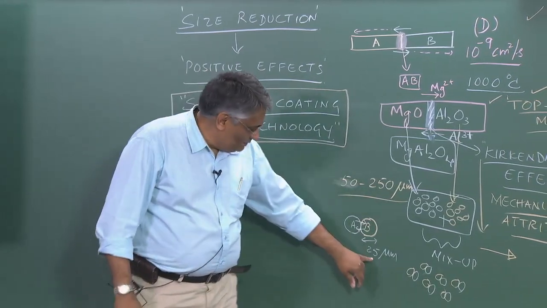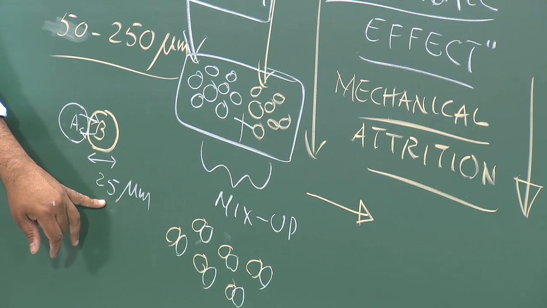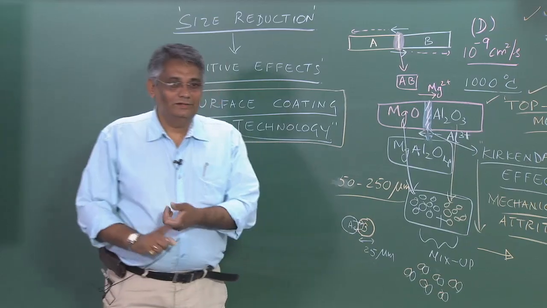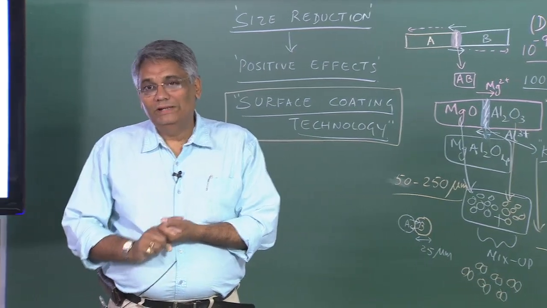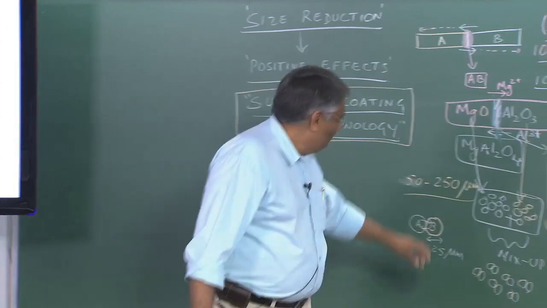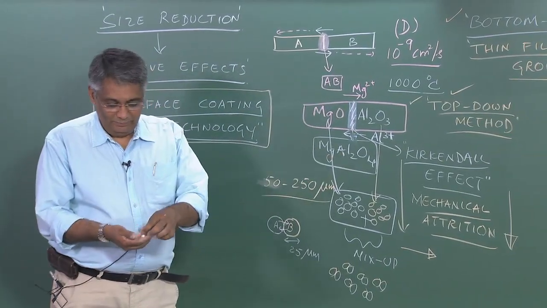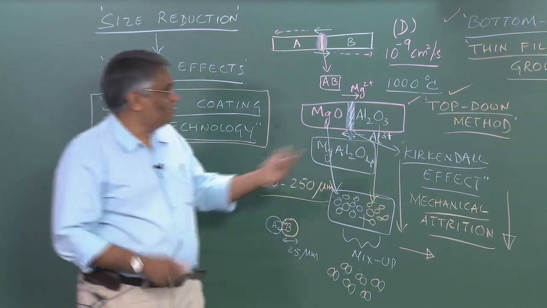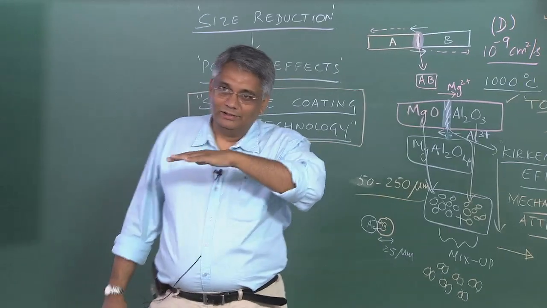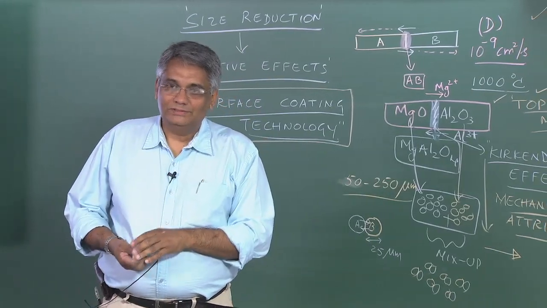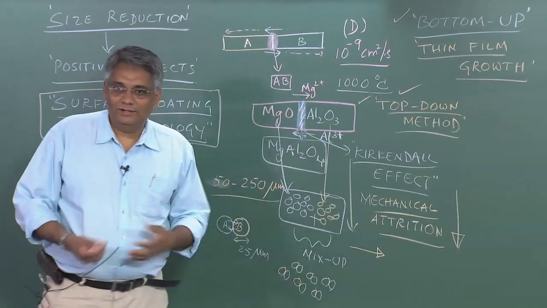Now imagine if you have a 25 nanometer particle instead of 25 microns, the reaction gets completed within a few minutes even. So if you start with magnesium aluminum oxide as a solid bulk like this, and you want to transform it into a thin film, within 20 minutes you can get a crystalline thin film, because you're just breaking up magnesium aluminum oxide into individual atoms.